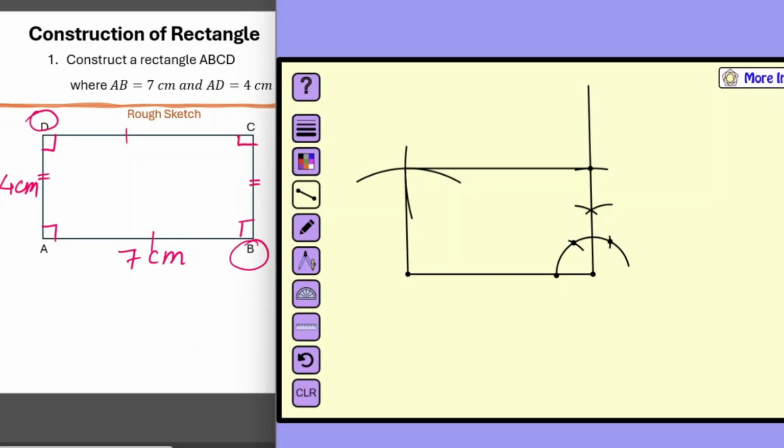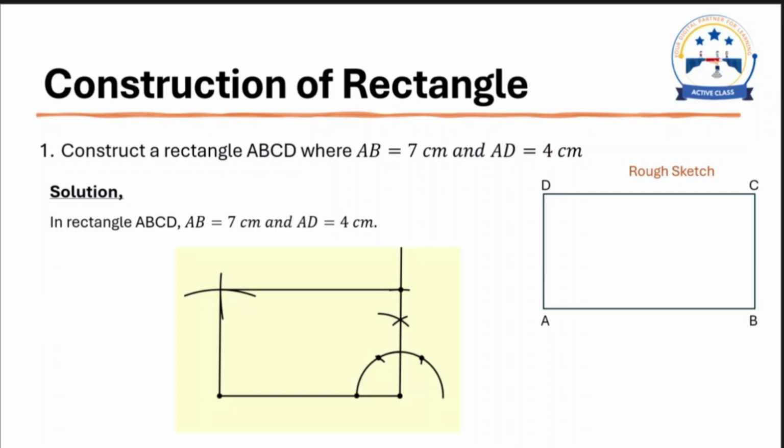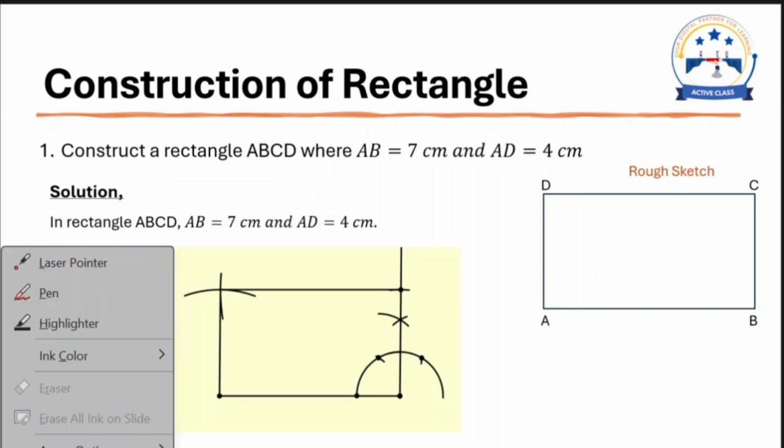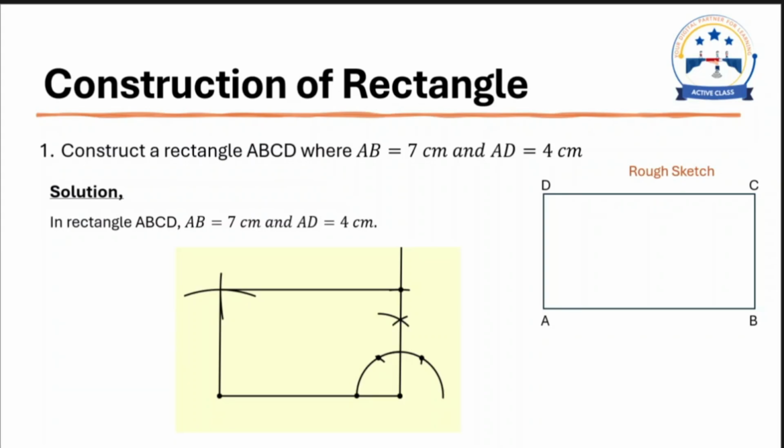This is the rectangle that we wanted to draw. Children, this is how our solution looks like. Our rough sketch is on the right corner, that is only for our reference, it is not compulsory, and this is the rectangle. Once the rectangle is made, we label it.